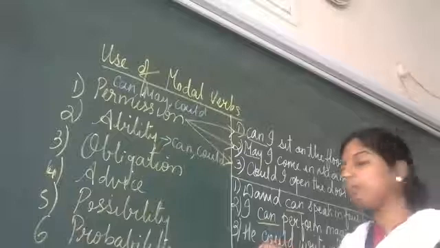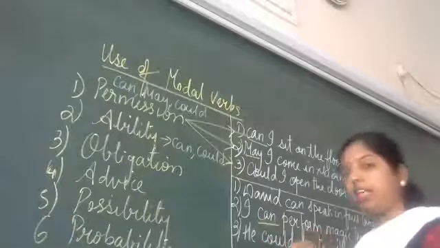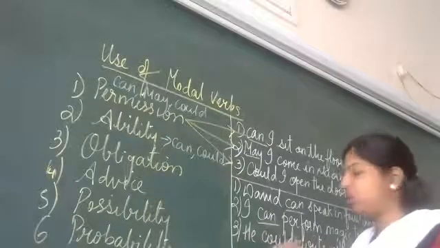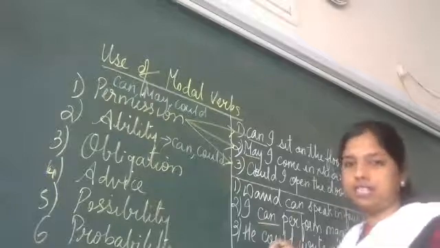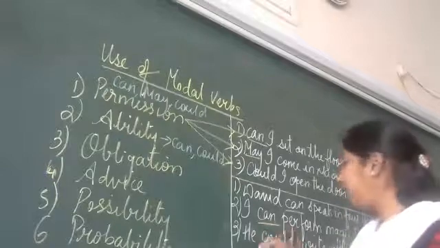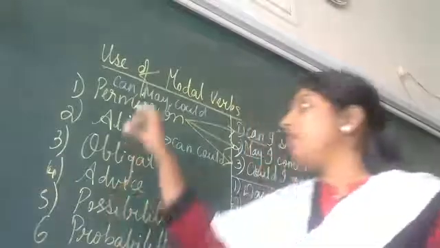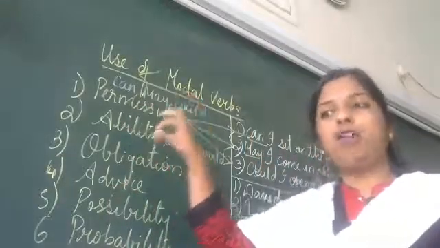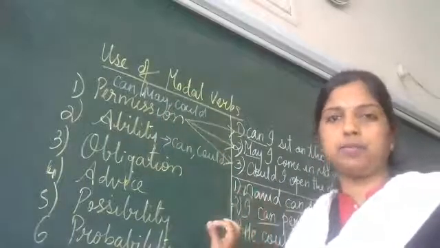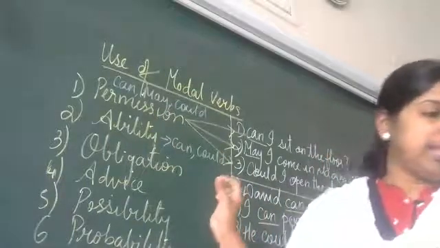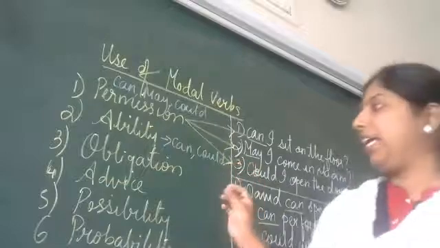What the person can do, he could write. Usually we use it for the past tenses. Okay, he could write with his left hand. That means again we are showing the ability of that particular person. Clear?